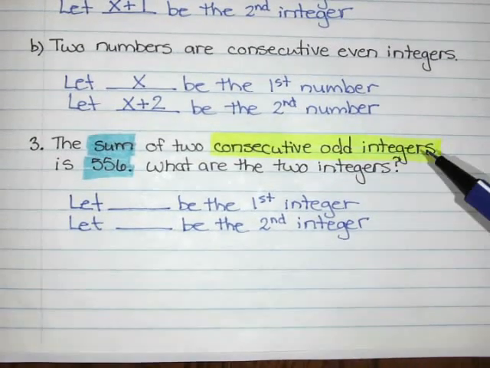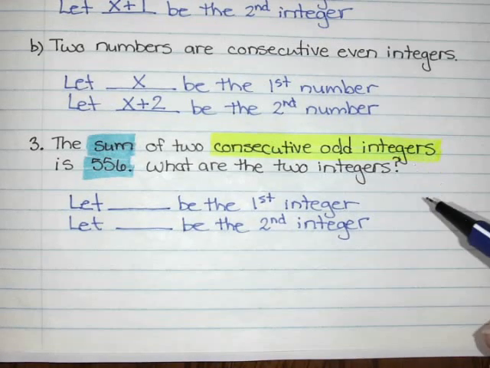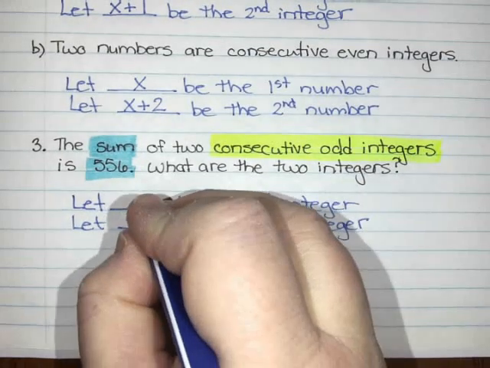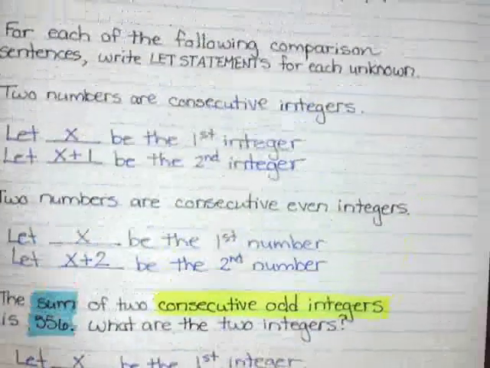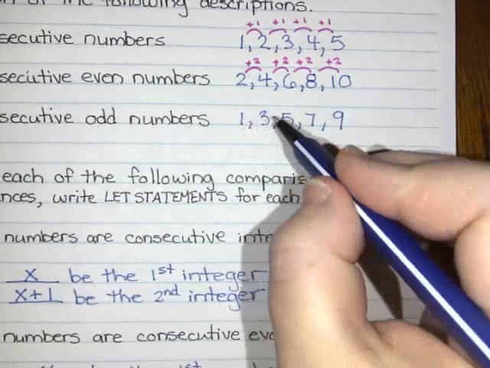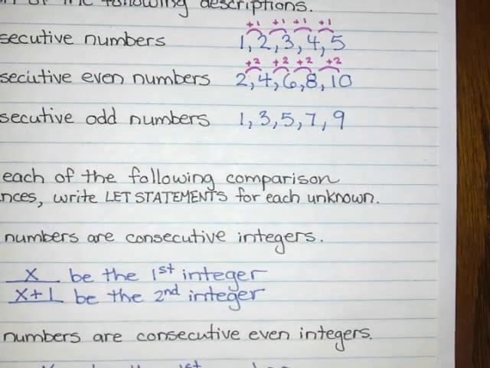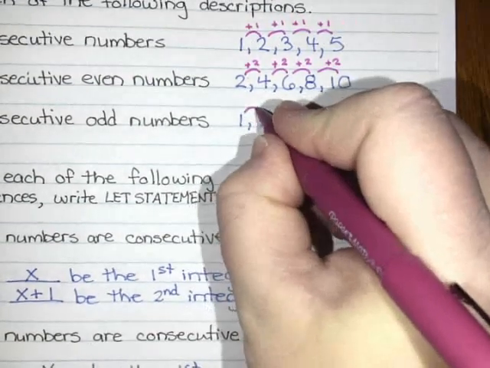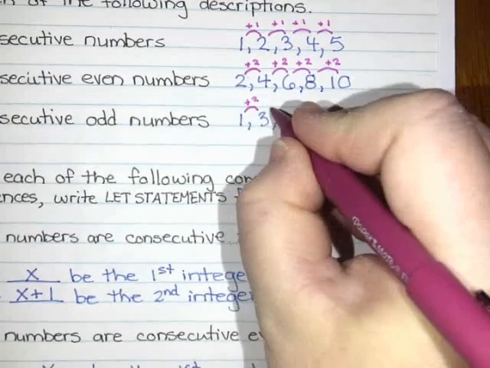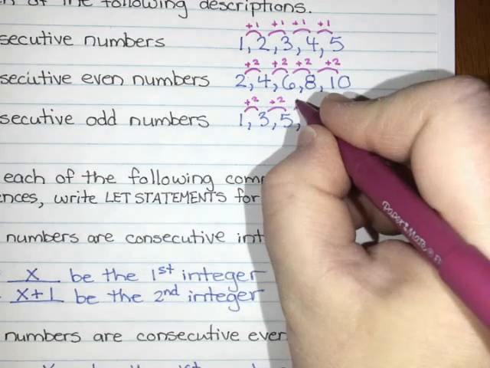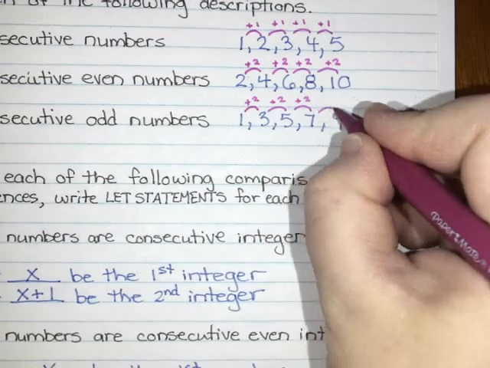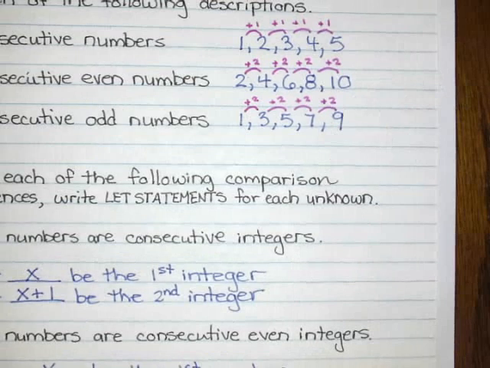So they are consecutive odd integers. So that means I'm just going to let the first one be x, and then odd integers are things like 1, 3, 5, 7, 9. So to get from 1 to 3, I would add 2. From 3 to 5, I would add 2. From 5 to 7, I would add 2. And from 7 to 9, I would add 2.